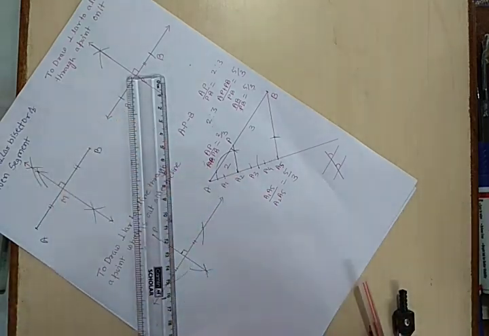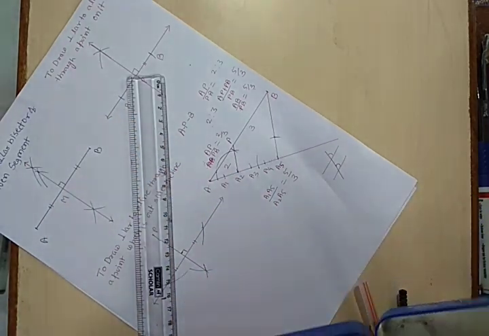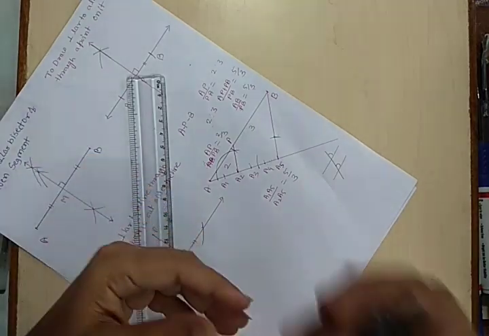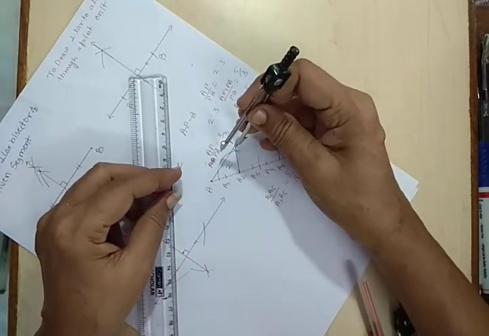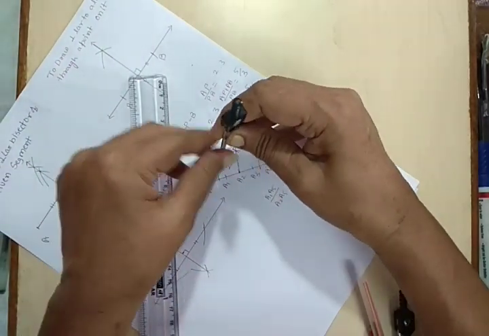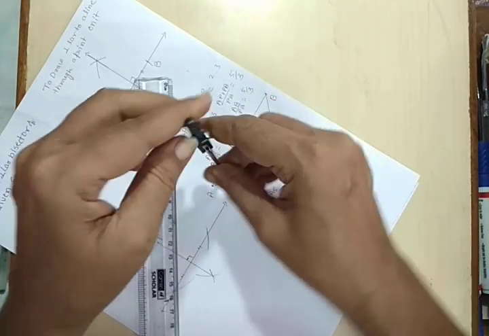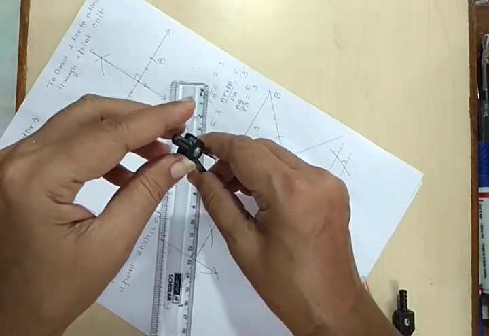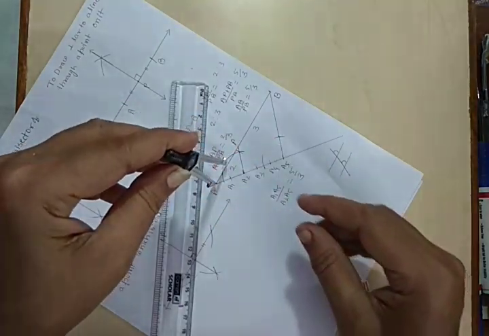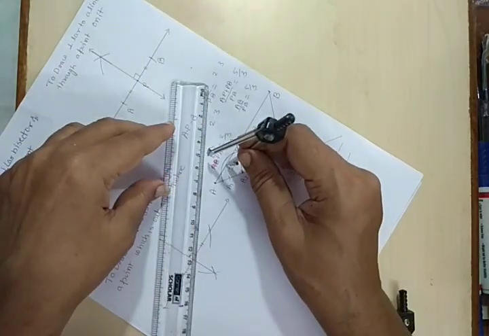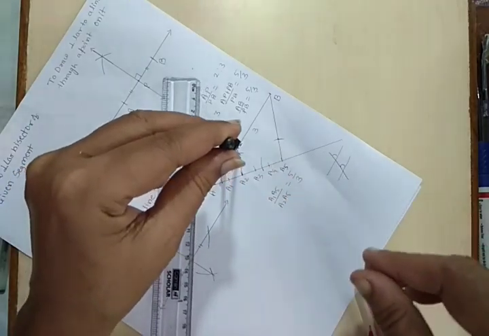Shall I verify? I will find approximately the midpoint here. Okay. Here the midpoint is there. Can you see it is the midpoint? So these are 2 parts.